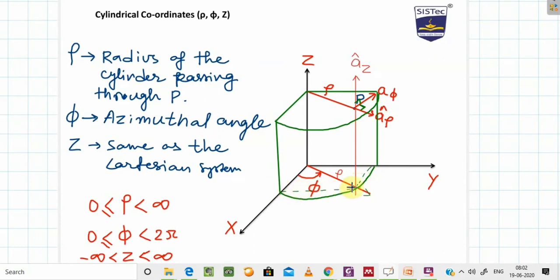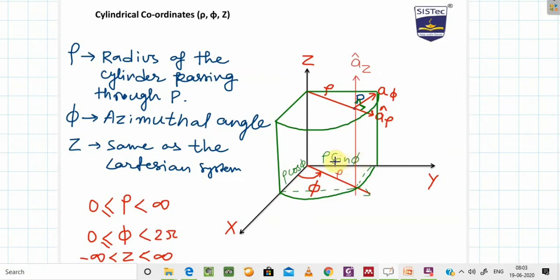Along the x-axis, it is making angle phi, so the component will be rho cos phi, and along the y-axis we will have rho sin phi. So along the x-axis we have the component of rho as rho cos phi, and along the y-axis the component of rho sin phi.